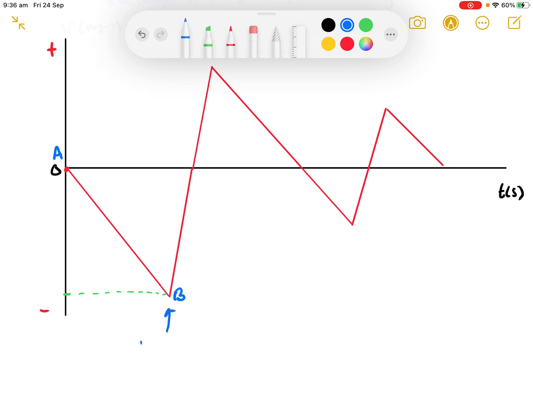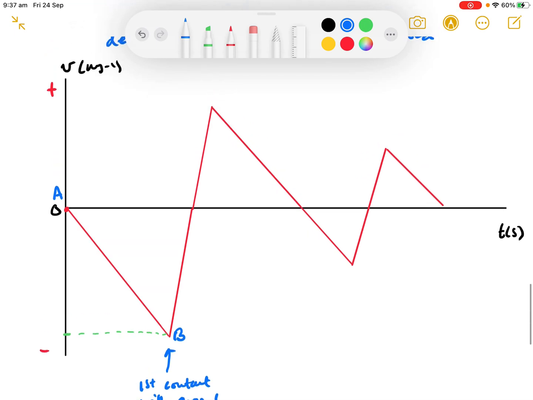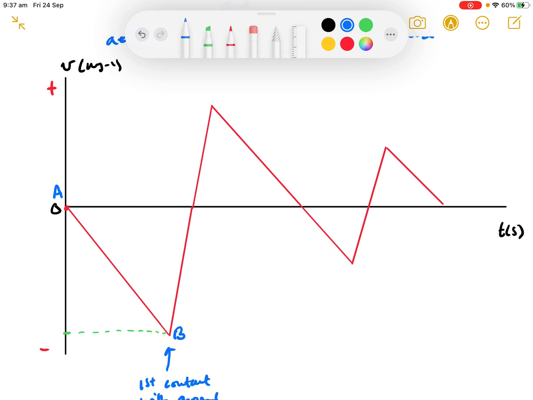So first contact with ground. Okay. This is an acceleration down between A and B.